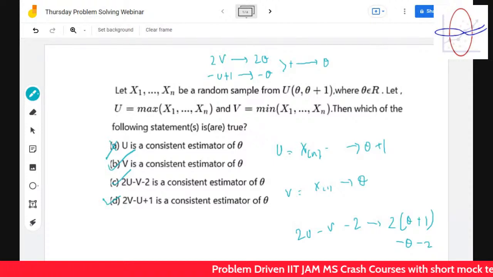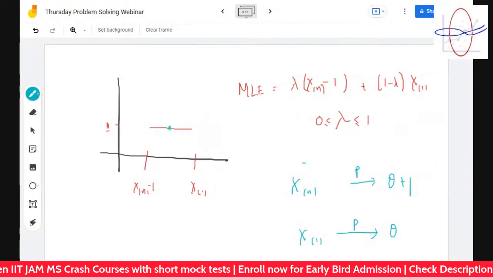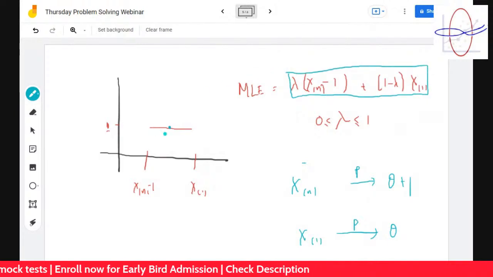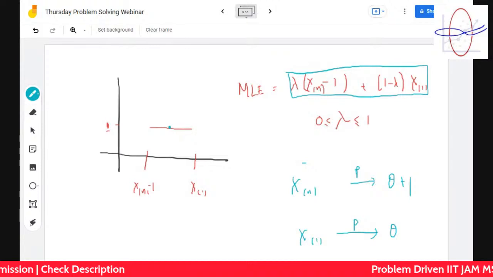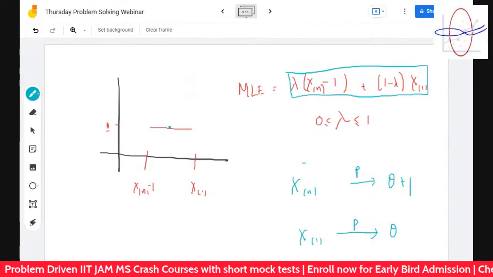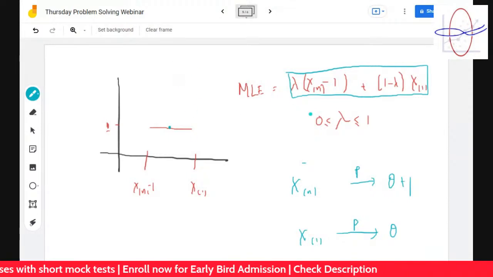Why did I take that linear combination? Because any point within this can be written in this format. So all of them are MLEs, right? Linear combination means any point within this is an estimator. Do you know convex?